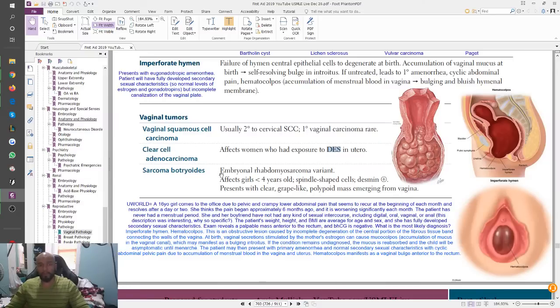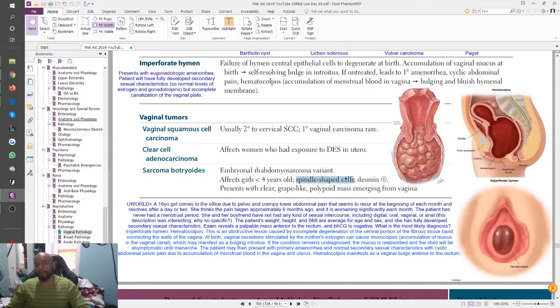And the easiest one over here is sarcoma botryoides. It's an embryonal rhabdomyosarcoma variant. Okay, and this is what it really looks like. Affects girls that are super young, under age 4, with spindle-shaped cells. And when we were doing NBME, there was one NBME, I can't remember which one it was, but someone put together a list of things that has spindle-shaped cells.